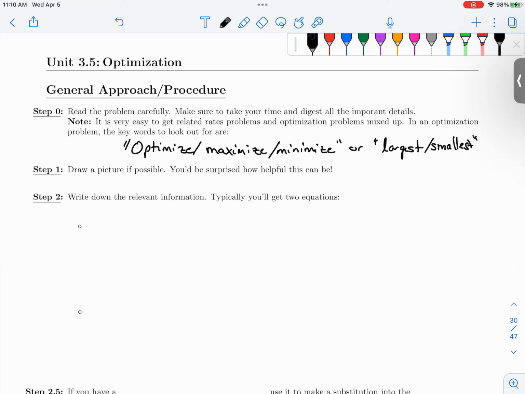So if you do not see something like find the maximum value, it's probably a related rates problem. If you see find the maximum area, that's a dead giveaway that we're dealing with optimization.